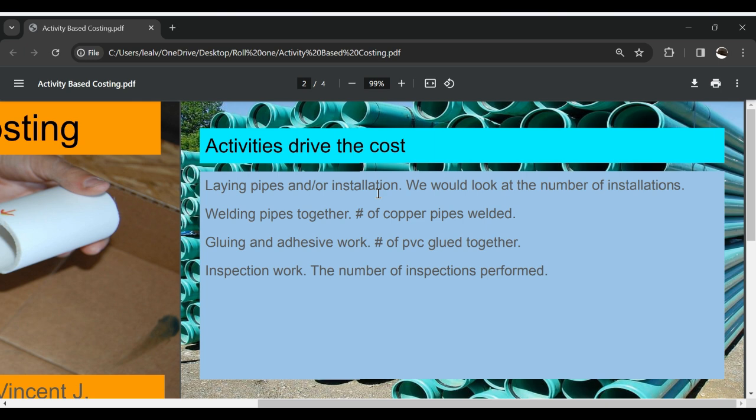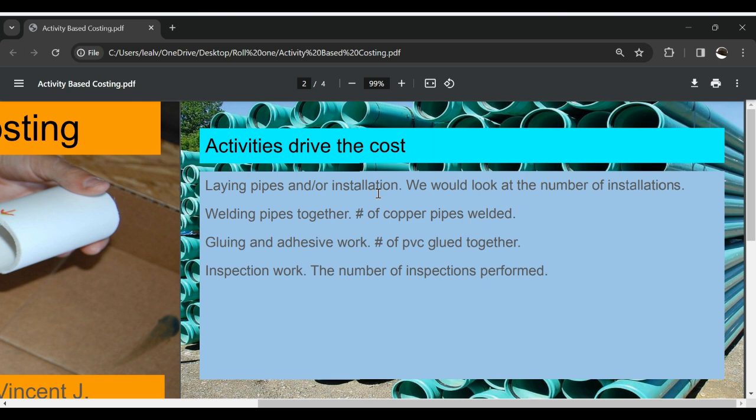We would look at the number of installations that take place. Welding pipes together, we would allocate a cost pool to the number of copper pipes that would be welded together. Gluing and adhesive work, well, the number of PVC pipes glued together would be an ideal driver for our cost.